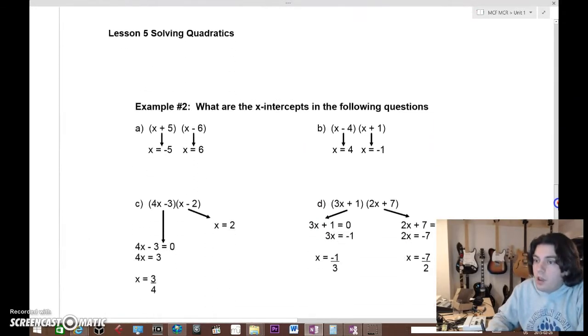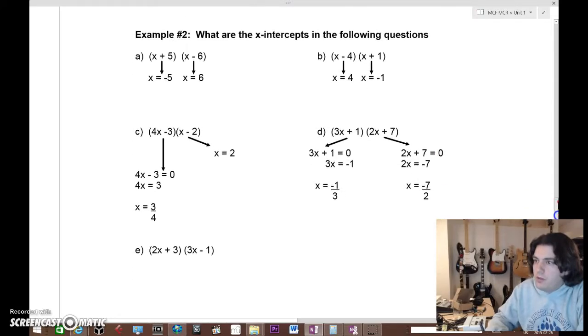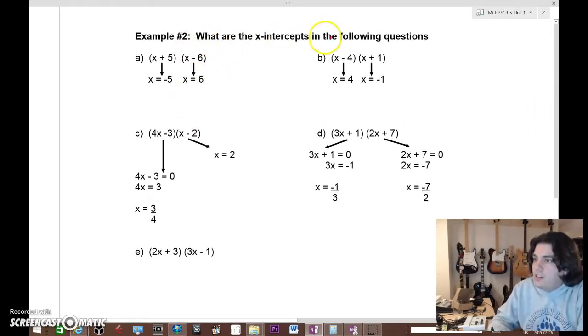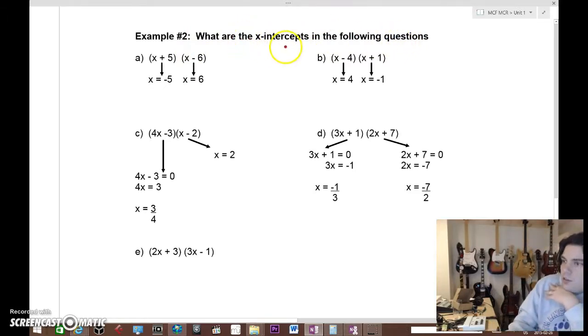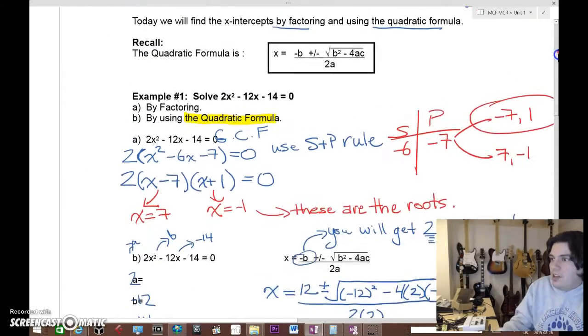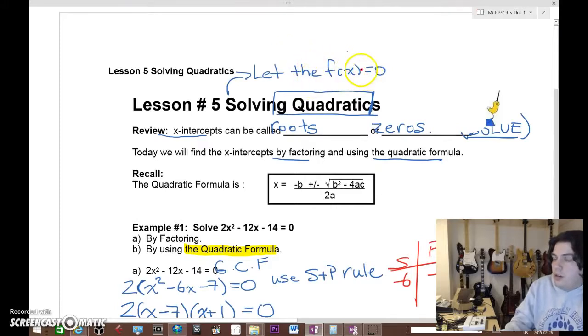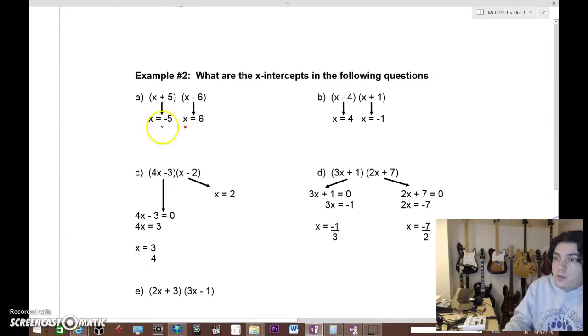But I want to just remind you here, we'll do another example, where we say, what are the x-intercepts in the following questions? And we just want to remind how to find the x-intercepts. So when we have x plus 5 times x minus 6, well, remember, we find the x-intercepts by making the equation equal to 0. So we do that here.